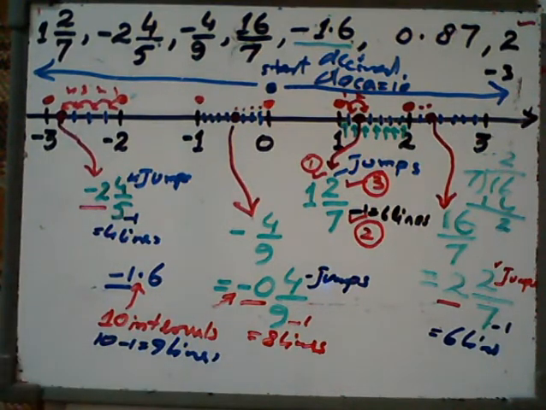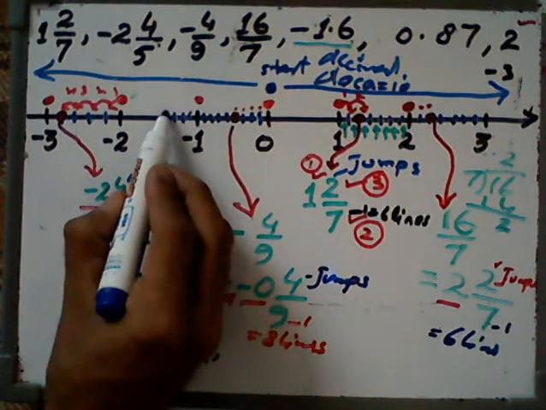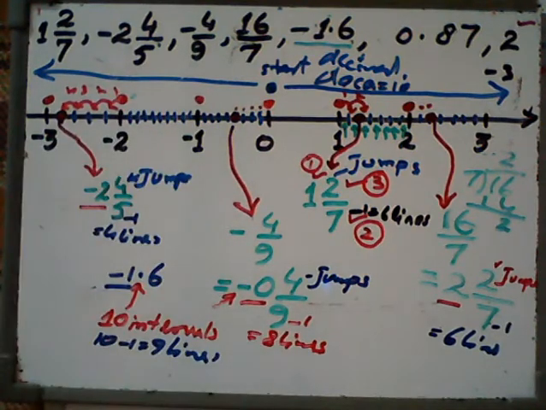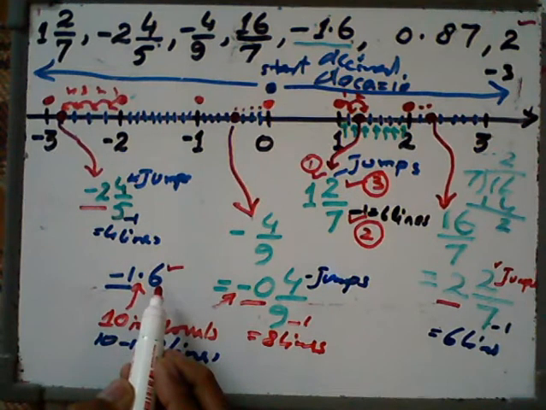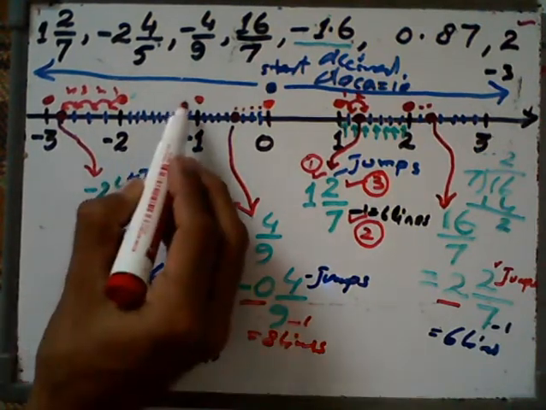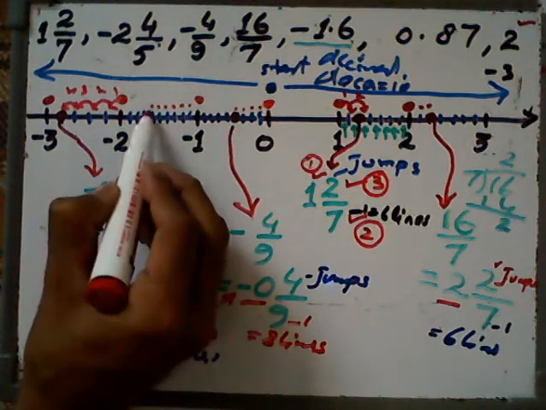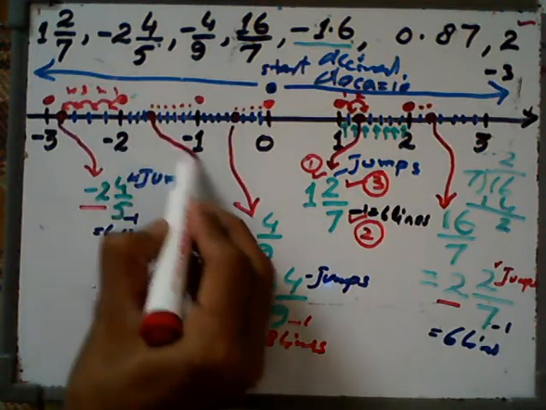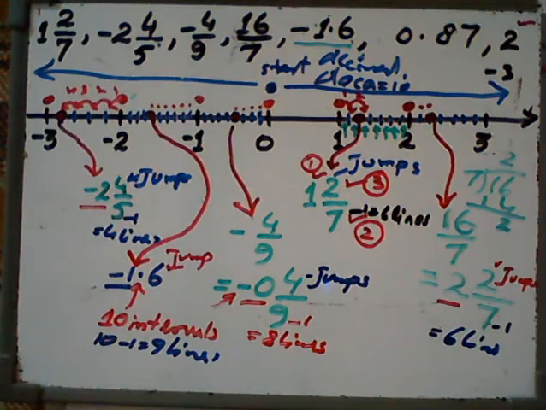We'll be drawing 9 lines here: 1, 2, 3, 4, 5, 6, 7, 8 and 9. Now the digit after the decimal point is 6, so we'll be making 6 jumps: first jump, second jump, third jump, fourth jump, fifth jump and sixth jump. This position, the sixth jump, is our last position of -1.6. So this is our answer.